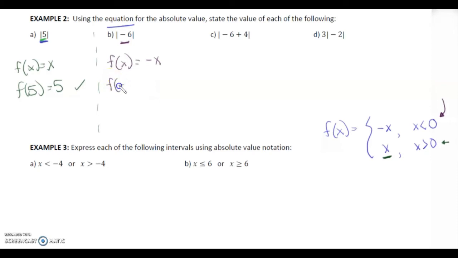And then f at negative 6 is going to equal, so check this out. Bring down the negative sign, plug in the x. So f at negative 6 equals positive 6. Again, short form is whatever constant this is, take the positive of it.